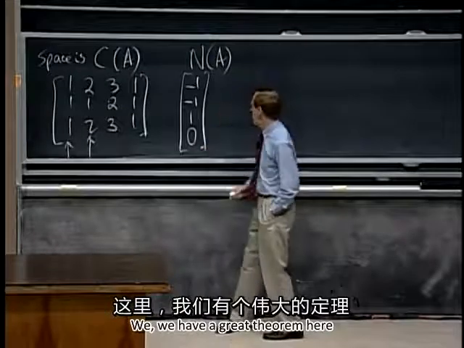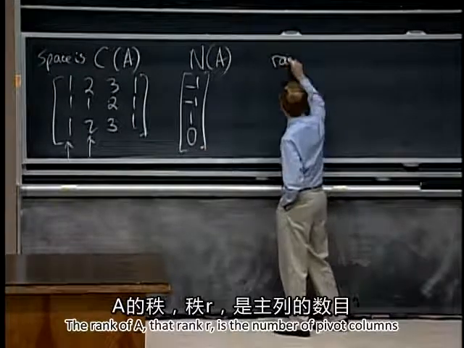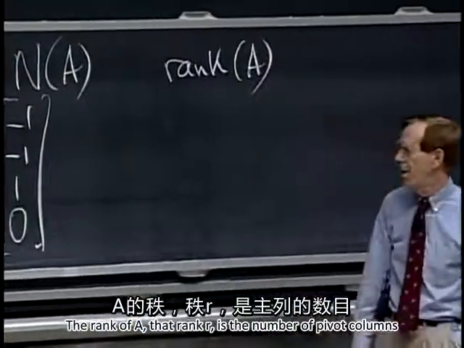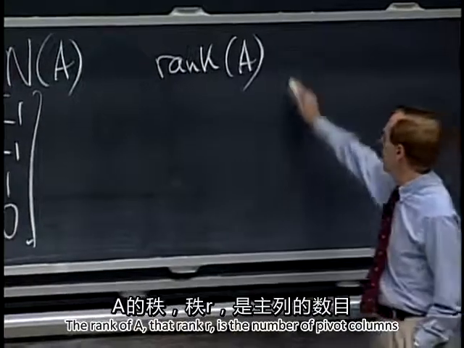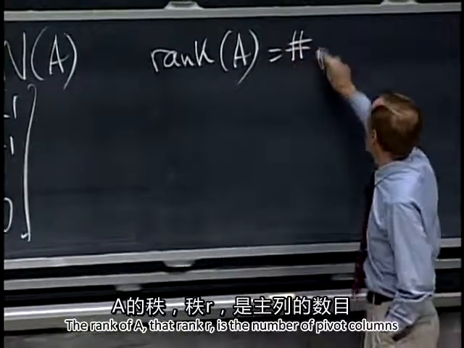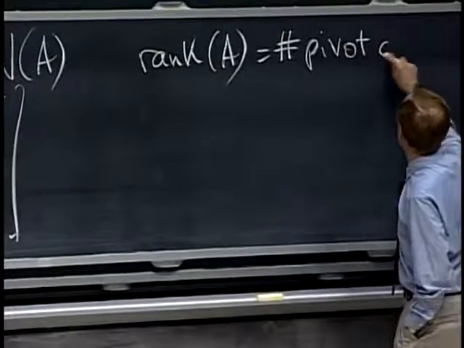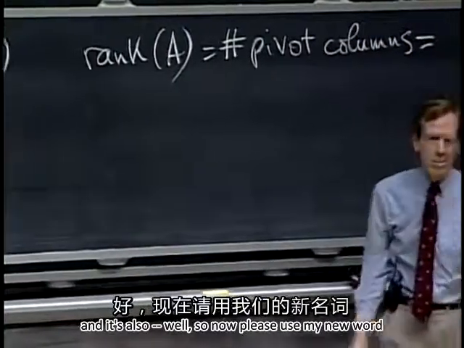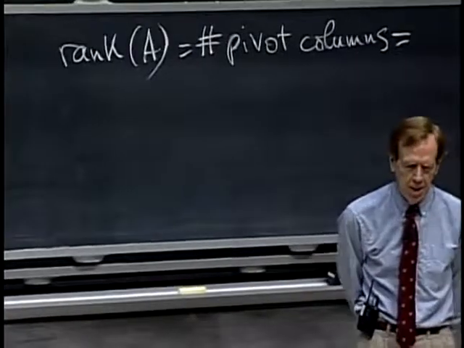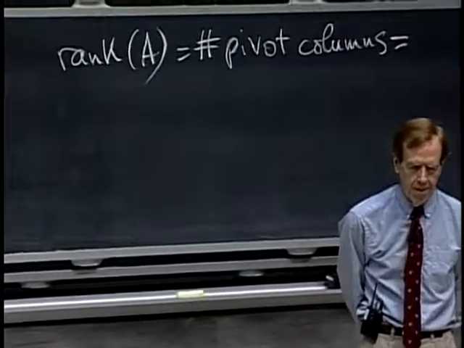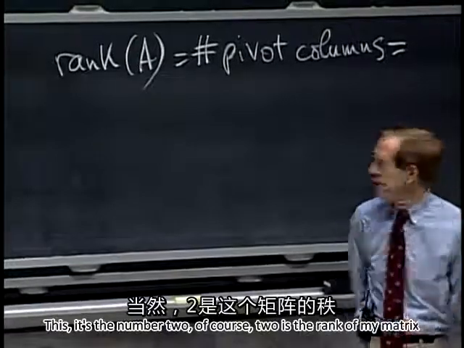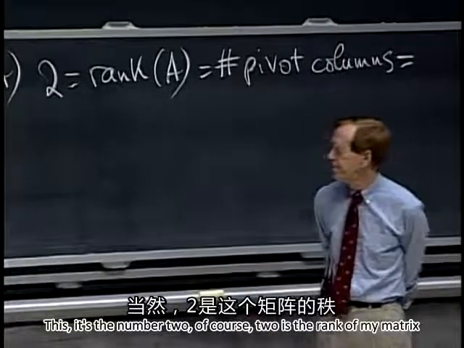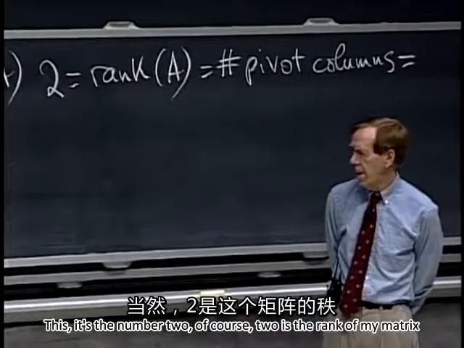We have a great theorem here. The rank of A, that rank r, is the number of pivot columns, and it's also, well, please use my new word. It's the number 2, of course. 2 is the rank of my matrix.